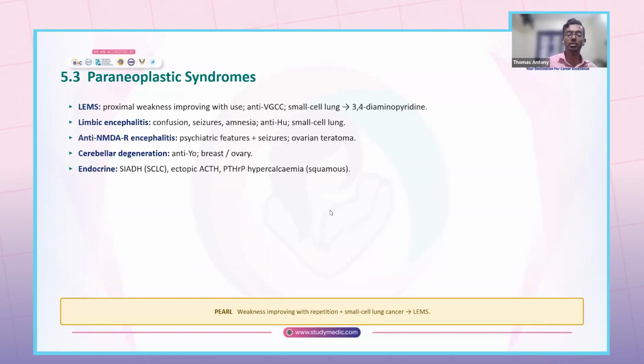Endocrine: you have SIADH in small cell lung cancer, ectopic ACTH, and hypercalcemia caused by parathyroid hormone-related peptide, classically seen in squamous cell carcinoma. So my suggestion is that you read the important points, like in squamous cell carcinoma we have hypercalcemia, and the rest of the things you can relate to SIADH.